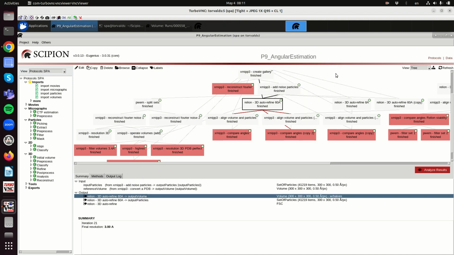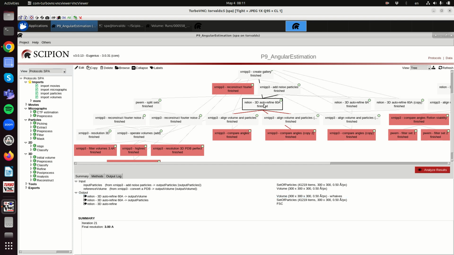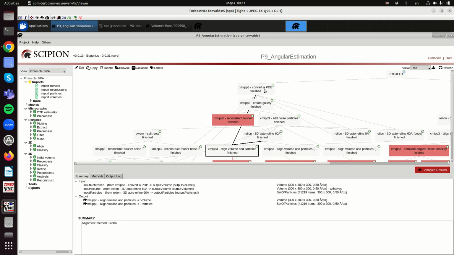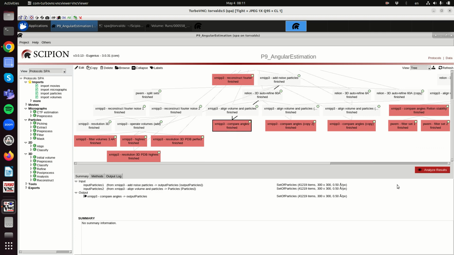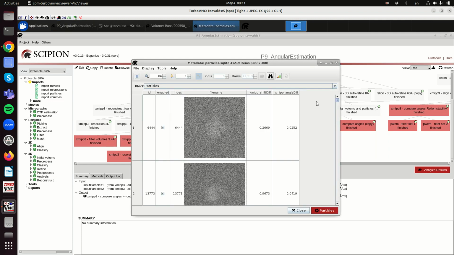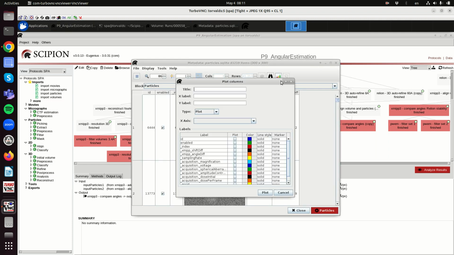Okay, then we can align, because the orientation of the 3D reconstruction may drift over the iterations. We can align this reconstructed volume to the original one. This is the PDB, and now we can compare the angles that we simulated with the angles that we have estimated. For that we have this analysis tool, and now we can, for instance, show the angular difference.